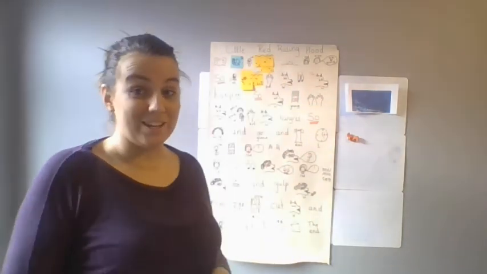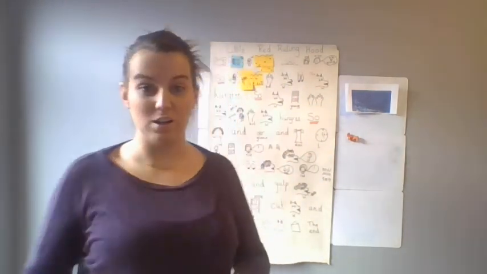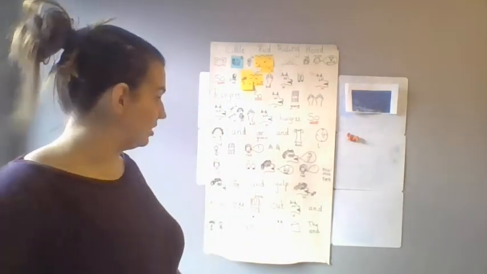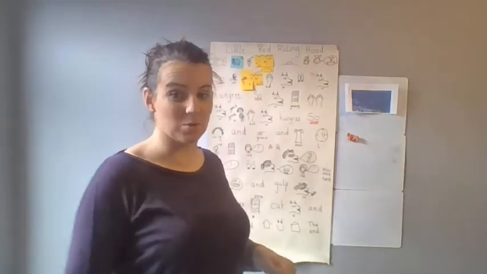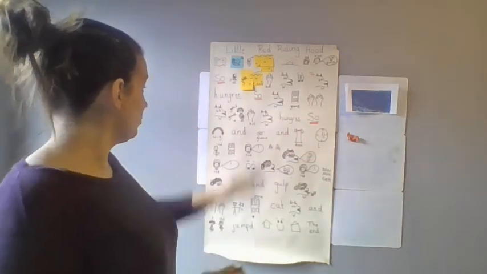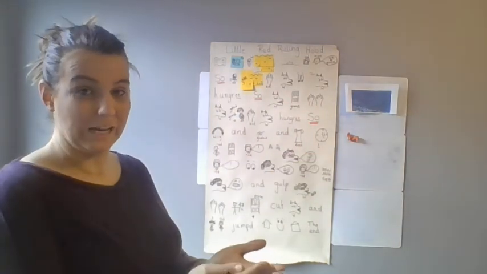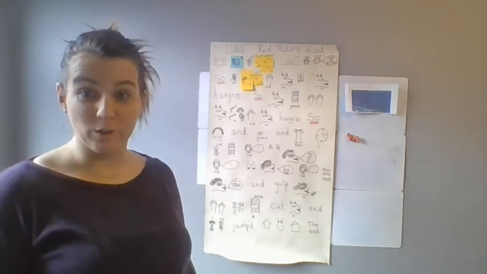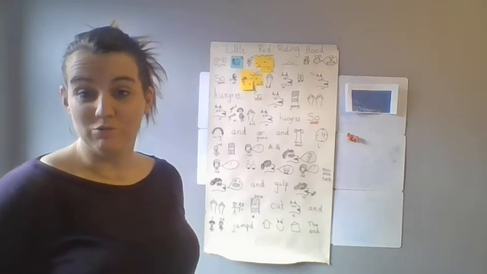So now we need a new action for our squirrel. It's still Little Red Squirrel, because he is a bit red, isn't he? This is a red squirrel. So once upon a time, there was a squirrel called Little Red Squirrel.